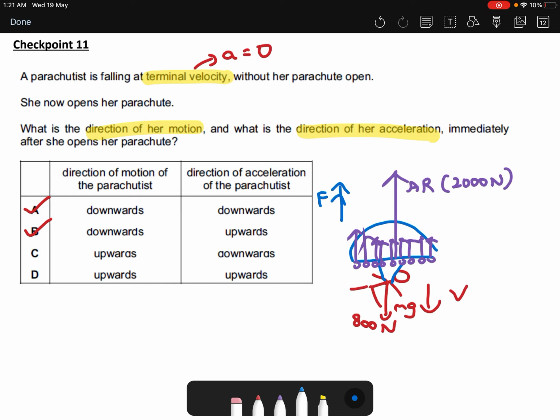From Newton's second law, we know that your acceleration must be in the same direction as your resultant force. So your acceleration must also be upwards. So the answer should be B. But just to elaborate further, although your resultant force is upwards, it doesn't mean you fly upwards. You still continue falling downwards. This is what I want to put across.